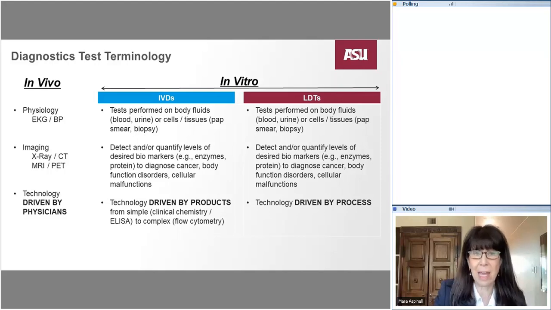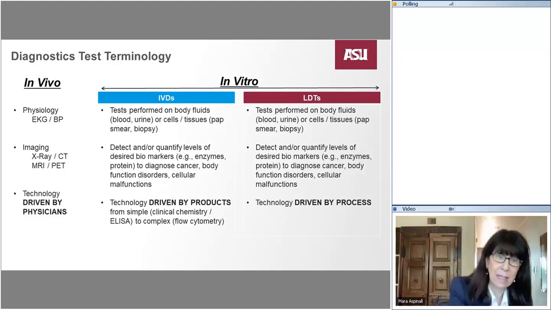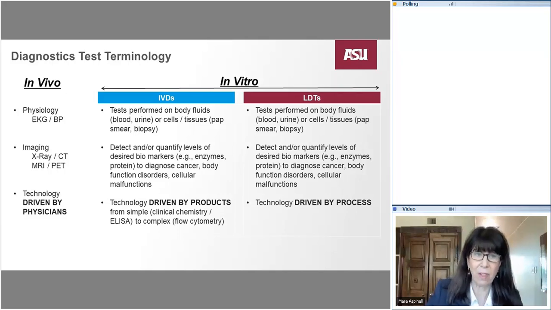If we look at the second category, it's called in vitro, and that technically means in glass. These are samples that are taken outside the body and analyzed. In vivo tests are of the body, and the mechanism, the biomarkers, always stay in the body. But in vitro, it's taking out a sample.